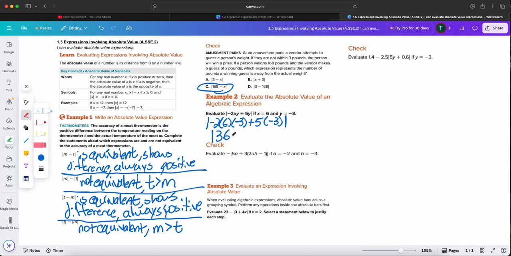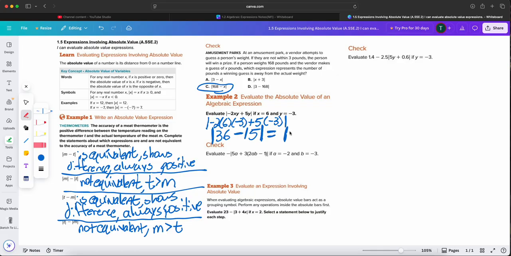Then we have 5 times the -3, which is -15. So we'd have -15. And then these are in our absolute values. So we would take 36 minus 15, which is going to get us 21.